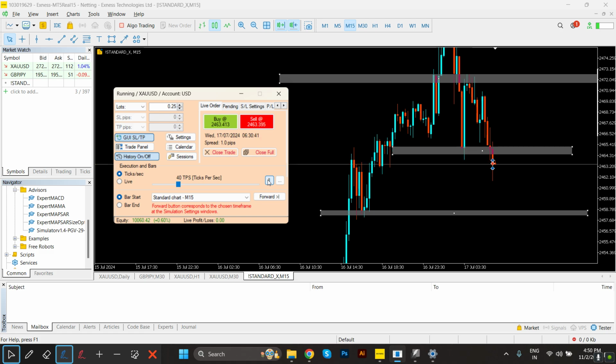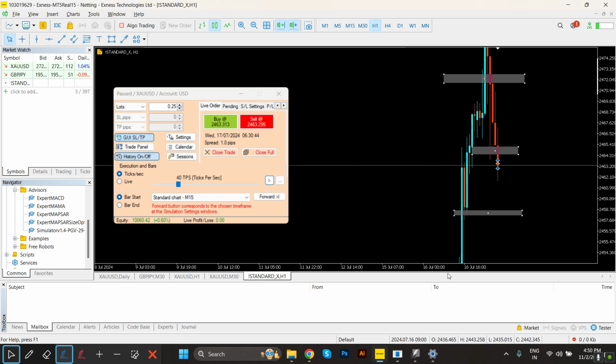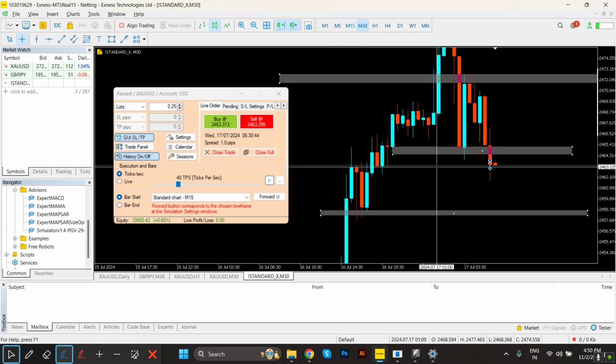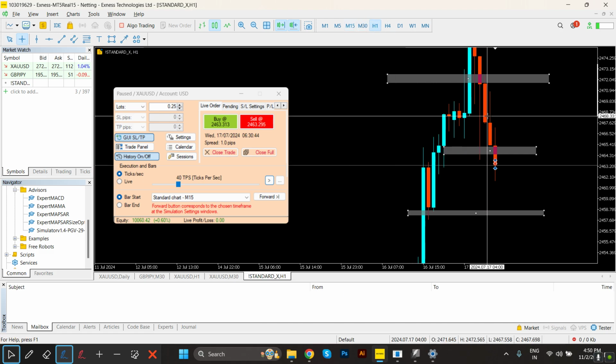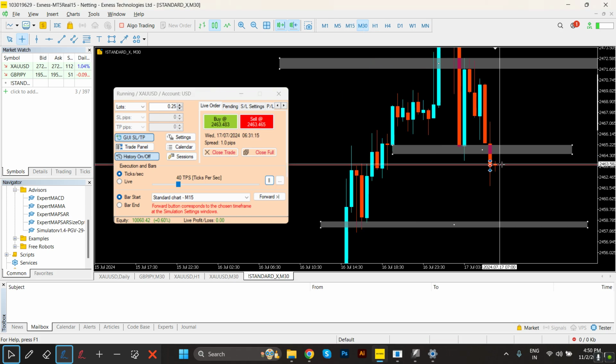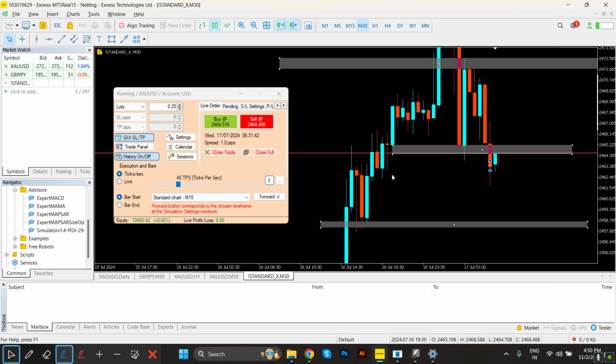Let's just wait for price. I think we should go down, because this will be your minor, but I'm not sure about this trade, since we have this support area.